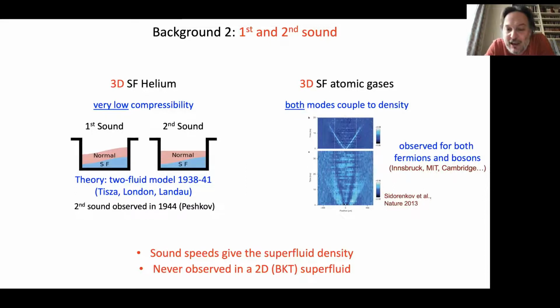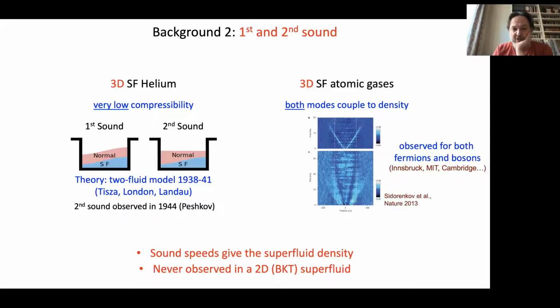And so I think Landau would have liked this story because he never liked Bose-Einstein condensation. His point always was that superfluidity is a more general hydrodynamic phenomenon that is not conceptually linked to BEC. And so I think he would be pleased to see it in a BKT type superfluid, where superfluidity is not intimately tied to condensation conceptually. All right, so that's the twofold motivation.